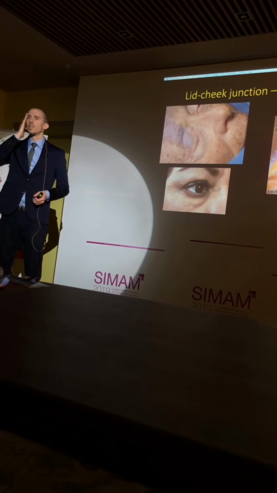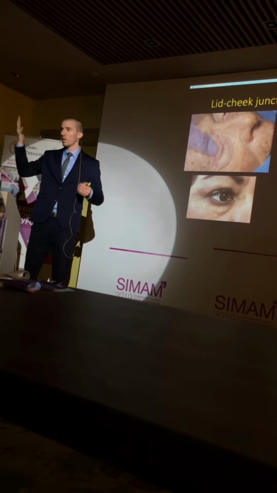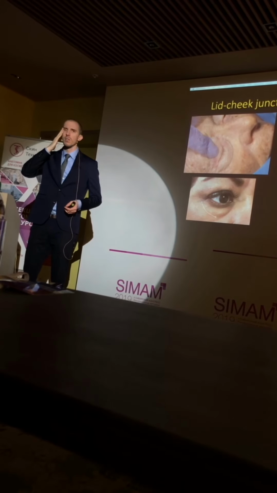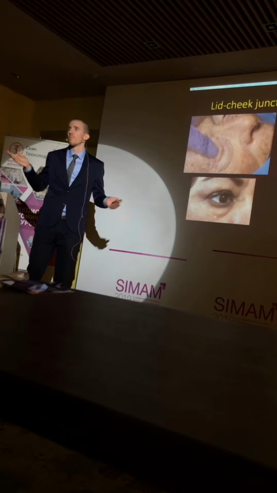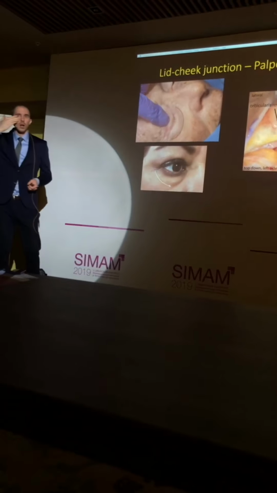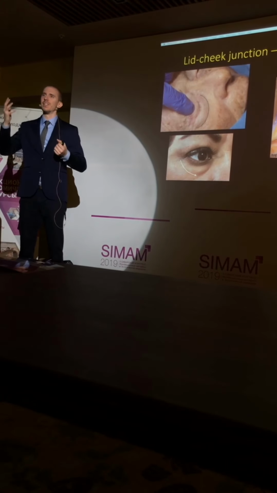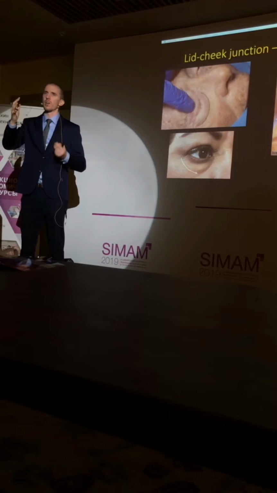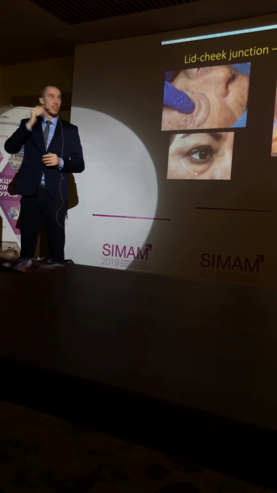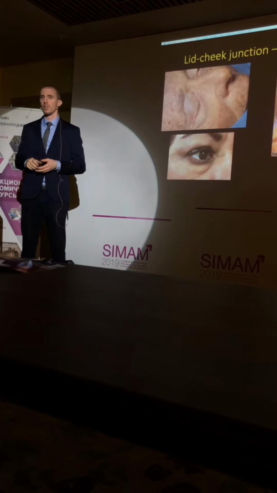But if you think of this lateral orbital region, we can do this. The orbicularis oculi floats on the orbital ring, right? But still, this floating is blocked or fixed by the orbicularis retaining ligament from the bone to the dermis.